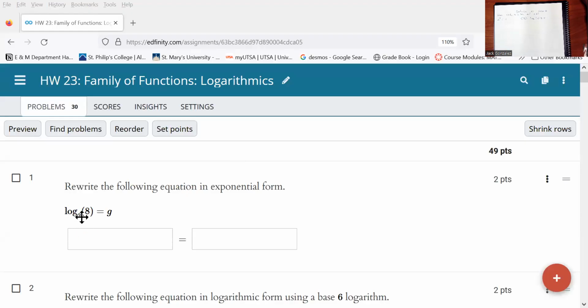So given that note we just wrote, what would the answer be? Change to exponential form.